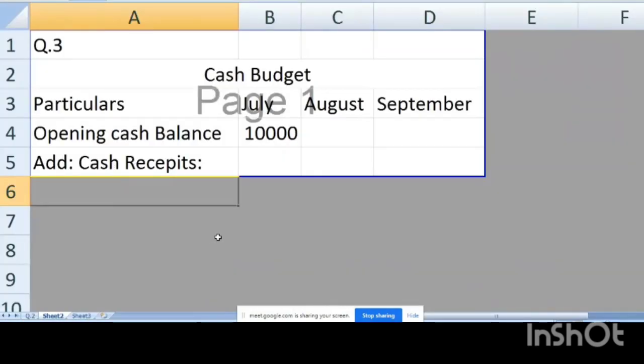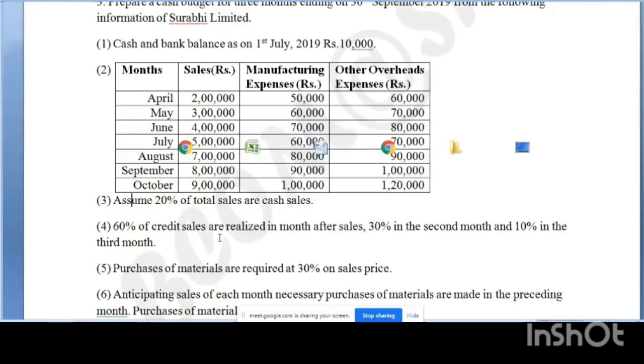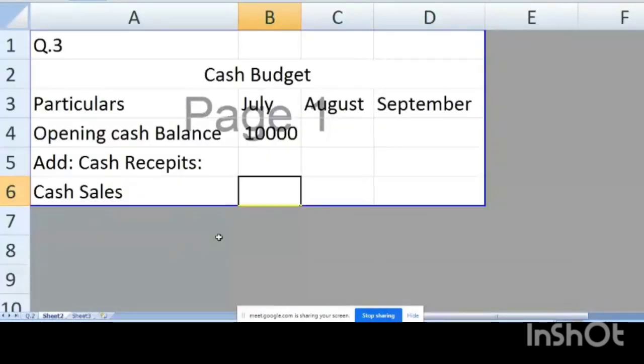So here I write cash sales, 20% of the sales of each month, respective month. In July, there is a sales of 5 lakh. So what is 20% of 5 lakh? Tell me, give me the answer. 1 lakh.